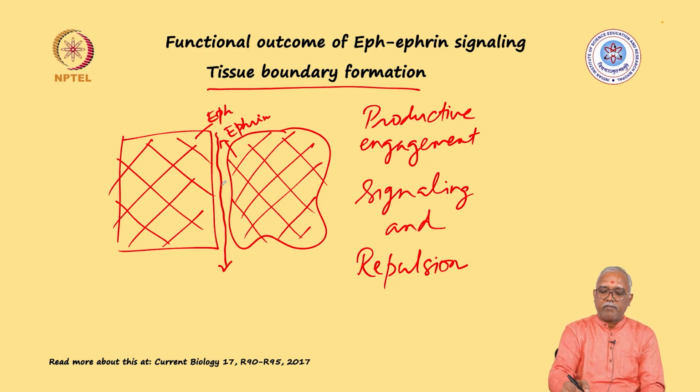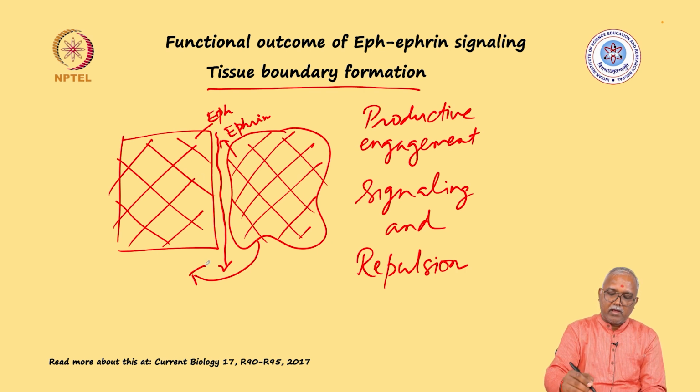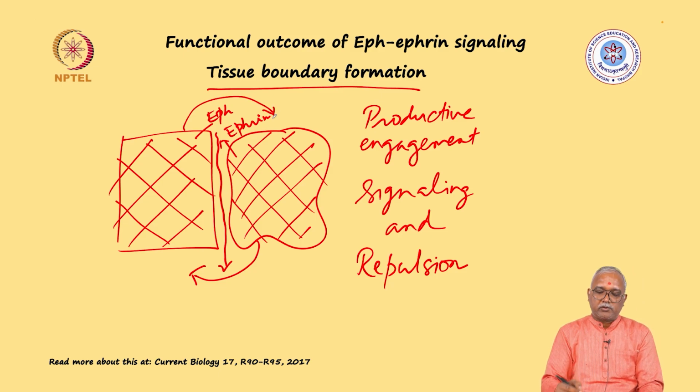The cell will not be able to move in this direction and these cells will not be able to move in the following direction. So this kind of sets a boundary between the tissues and they remain in that boundary. That is how the entire tissue boundary formation will come into effect. So you can imagine that this process will be happening during early developmental events.